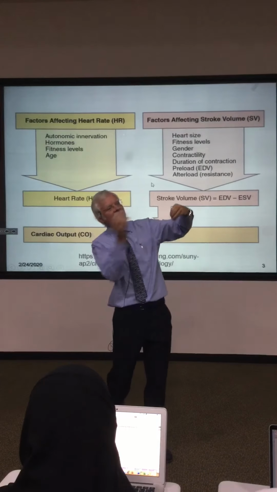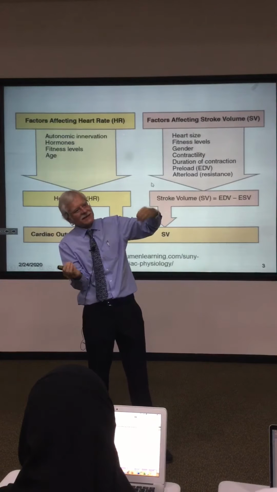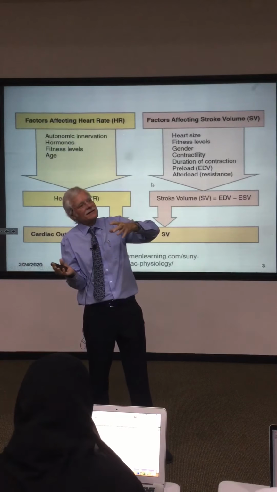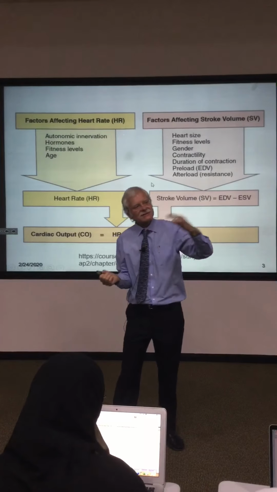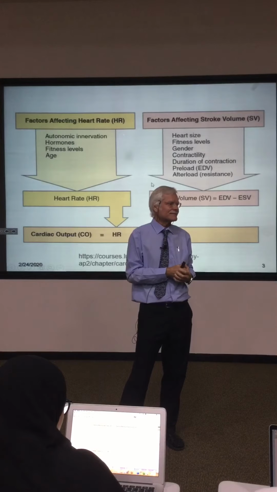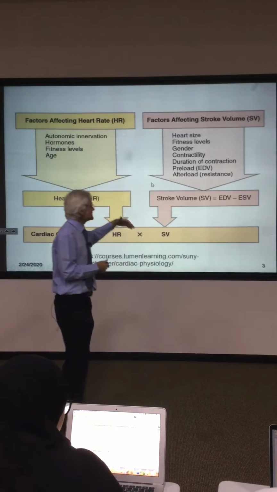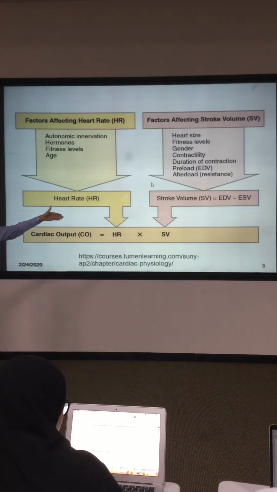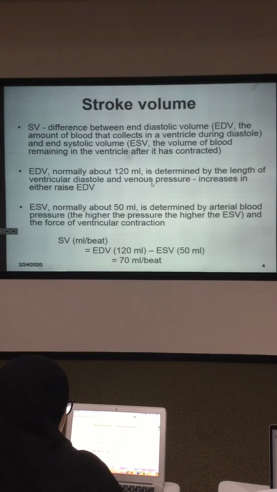That's the idea of afterload, it's after the heart. So if the pressure is higher, the heart will have to work harder to push it into the systemic circulation. So preload and afterload and all these other things are affecting stroke volume. And as you can see here, the cardiac output is the heart rate times the stroke volume.